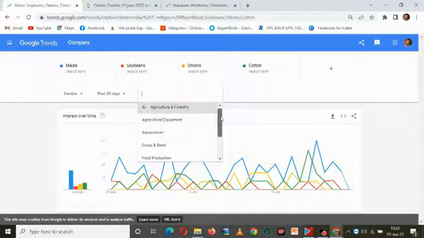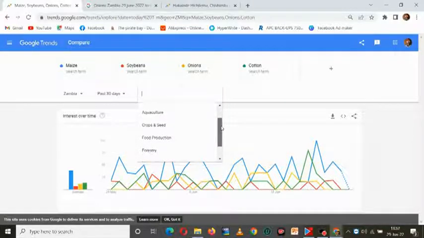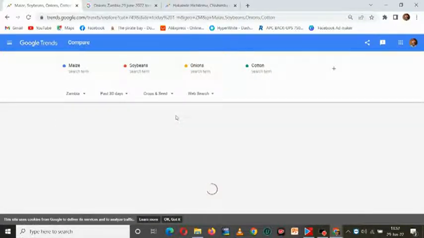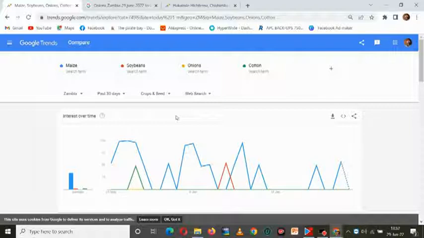No, we are talking about the products themselves. Aquaculture, no. Crops and seed, that is a good candidate. Food production, that is also a good candidate. Because we are talking about where it's grown, let's look at crops and seed.